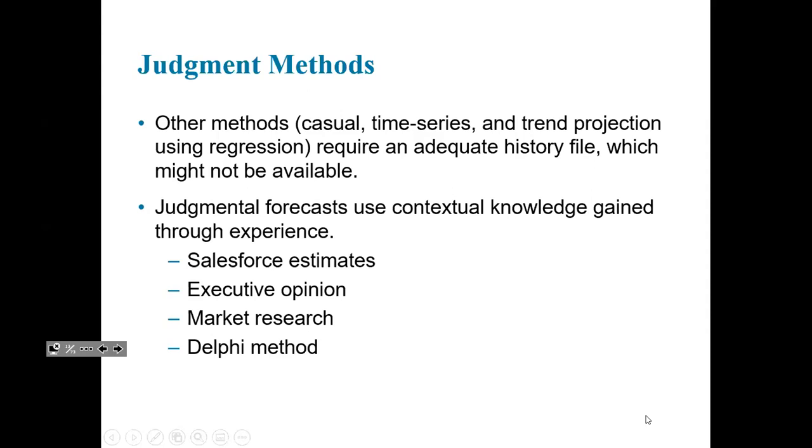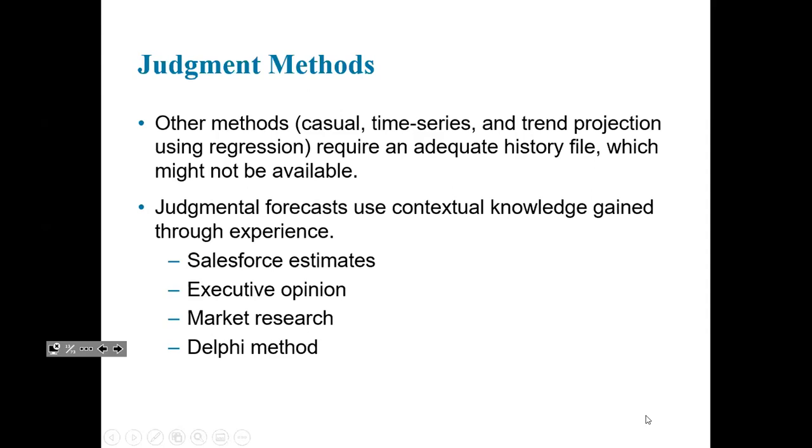The Delphi Technique is kind of like an all-inclusive technique where not everybody, but people within an organization from the different departments are surveyed and asked questions about what they expect that future forecast to be. Okay, so it's a multiple-stage process where you come up with your question.